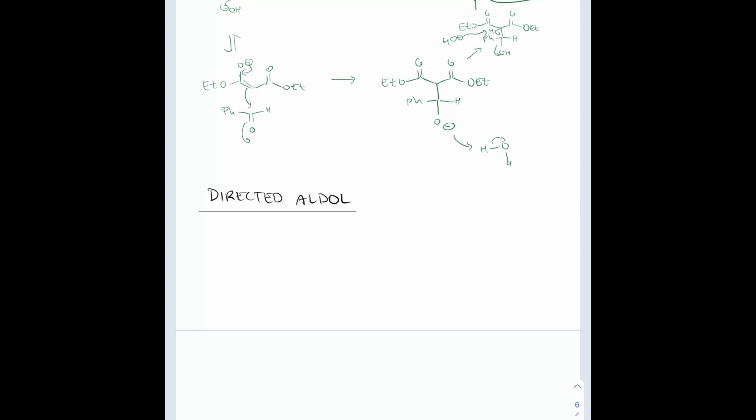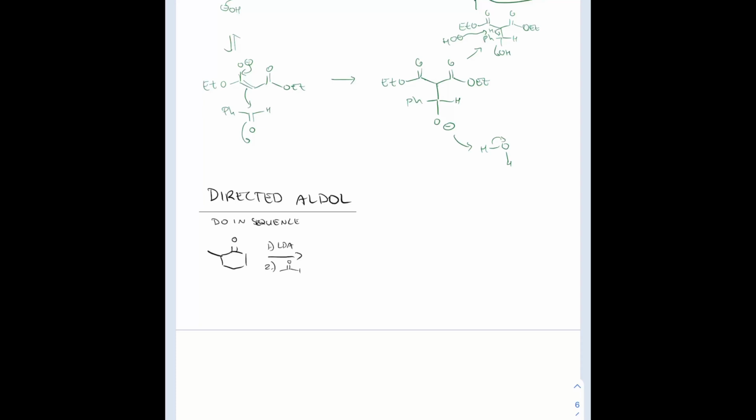So directed aldol reactions are essentially utilizing the kinetic and thermodynamic capabilities that we learned about in the previous chapters. For example, using LDA at cooler temperatures to get the kinetic enolate, as well as tert-butoxide to get the thermodynamic enolate.